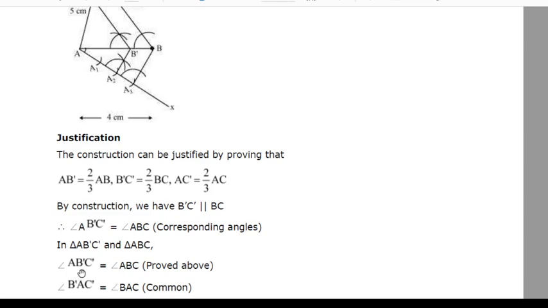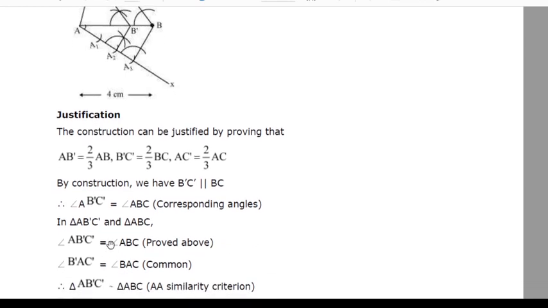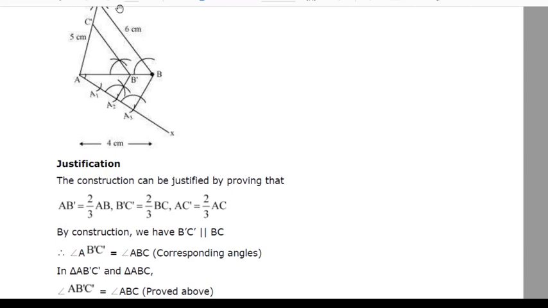Next, in triangle AB dash C dash and triangle ABC, angle A is a common angle. Now the next angles, A B dash C dash and ABC: since these sides are parallel, these two angles are also the same.